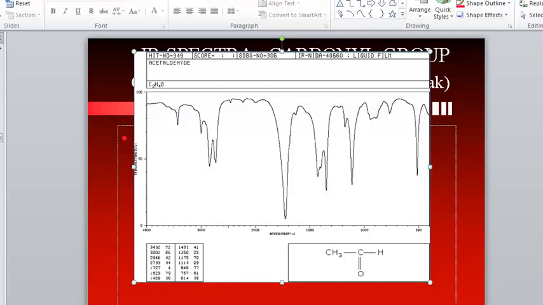And here's the structure down below, and there's my C double bond O. So I know that the carbonyl functional group is there, and the positive signal of that carbonyl functional group is this big strong peak at around 1700 that happens right here. Okay, so upcoming videos will take our first stab at a real carbonyl family, and then we'll work through them slowly but surely.